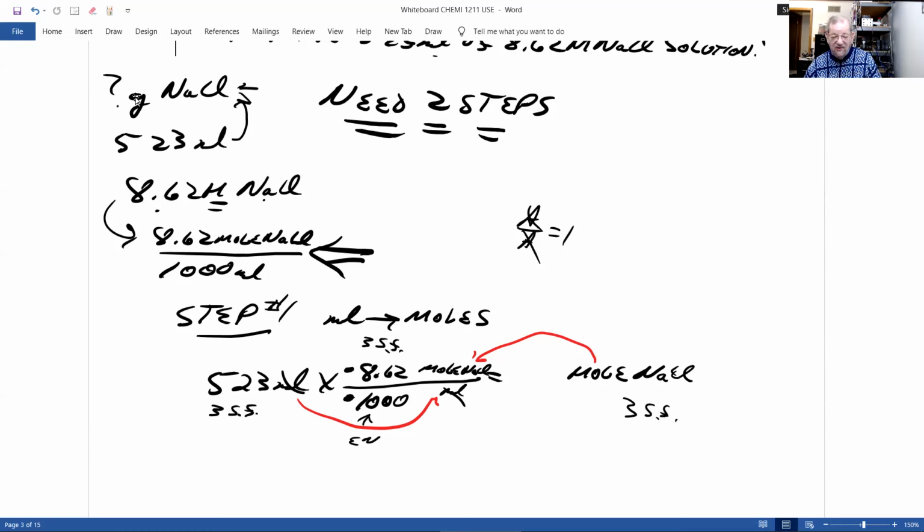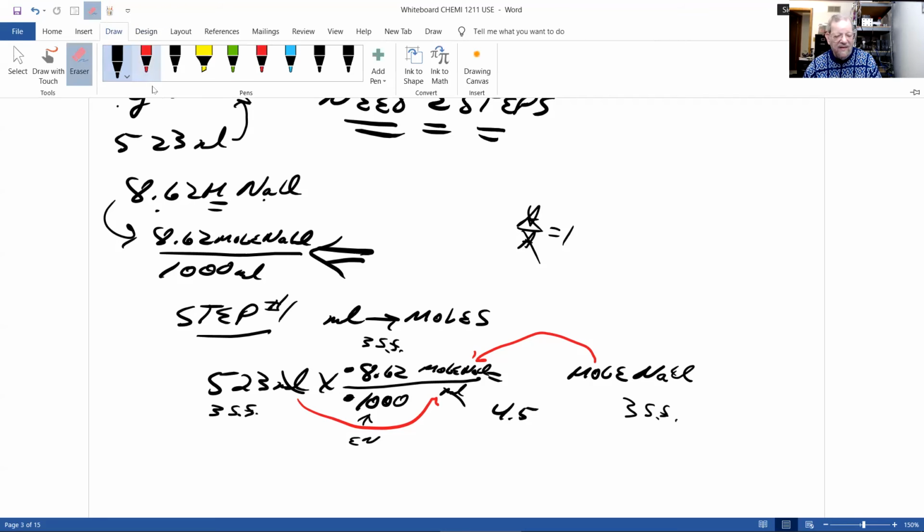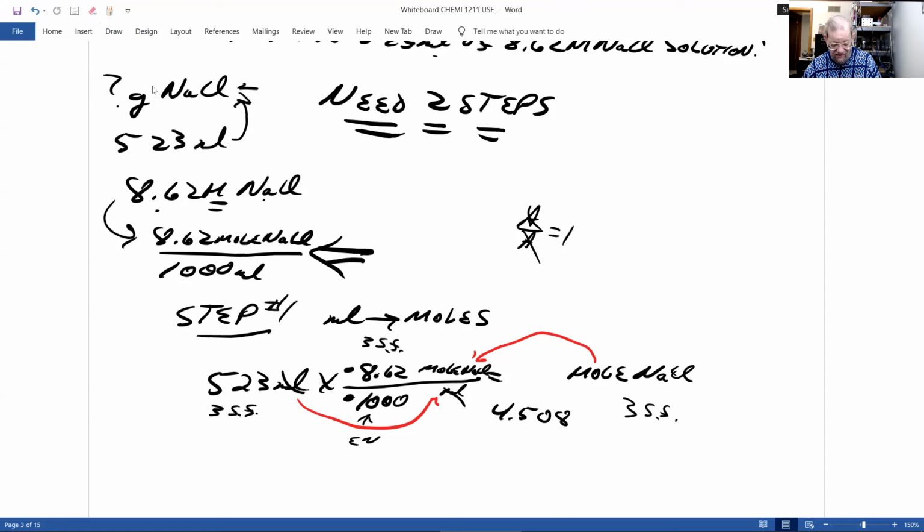And my calculator gives me this number. And I'll let you round this off to 3 significant figures.